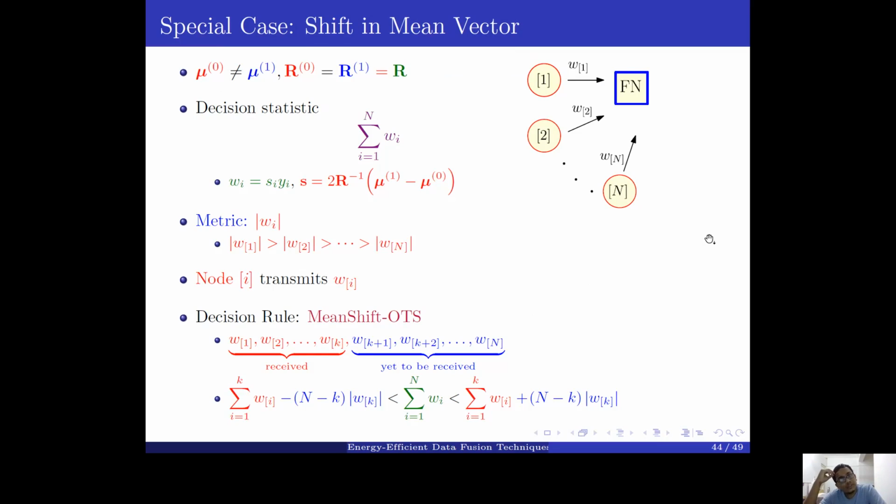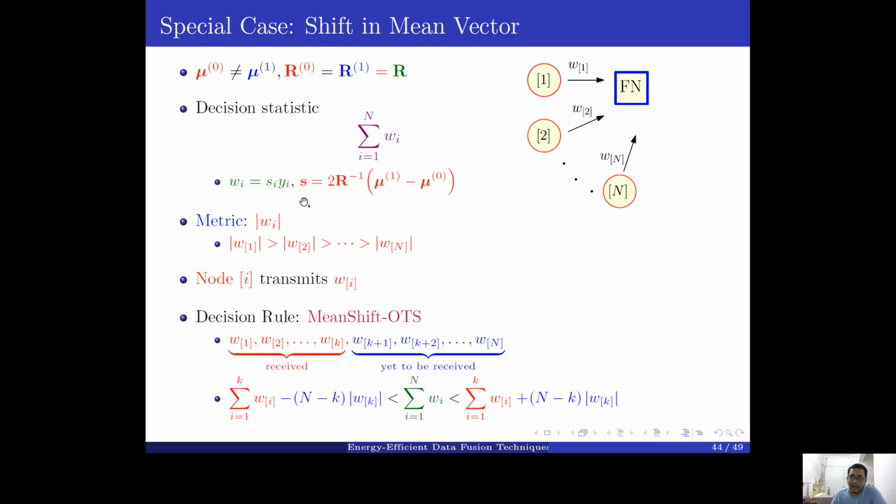Finally, we want to discuss the case when the two hypotheses have different mean vectors but the same covariance matrix. Here, the decision statistic is basically a weighted combination of the measurements. The weights are defined by the mean vectors and the covariance matrices.